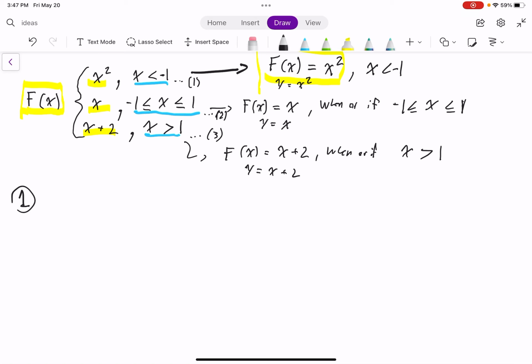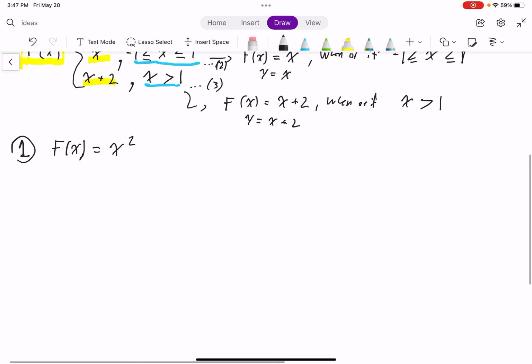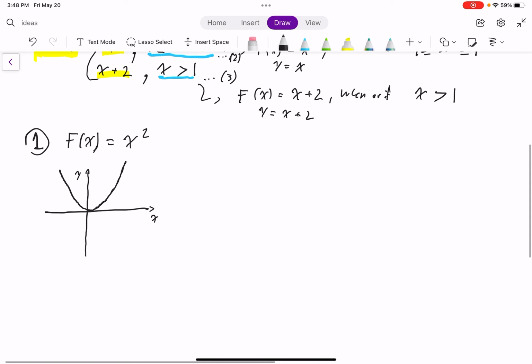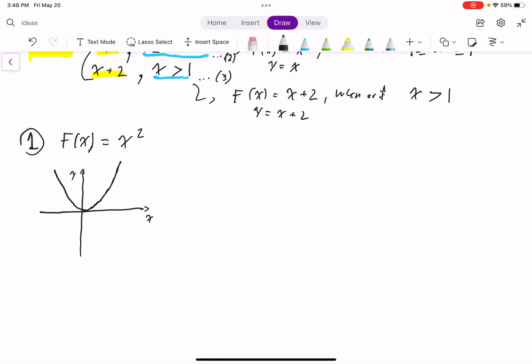So for 1, f at x equals x squared. Now, what does this look like on a graph? If we have our nice coordinate system here, this is x, this is y. This is a very common graph, you'll see this a lot. It looks something like this, more symmetrical, better curve, but it's along the lines of this.